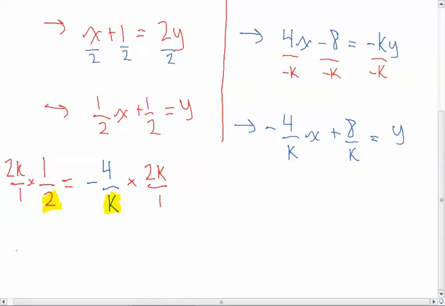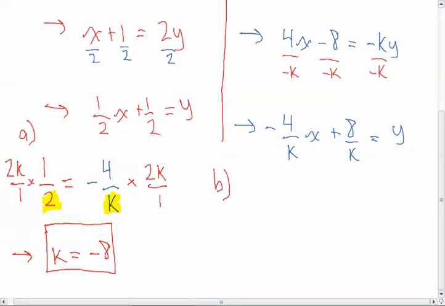And then we just simplify. The left-hand side simplifies to k is equal to, and the right-hand side simplifies to negative 8. So when the value of k is negative 8, both of my linear functions will have exactly the same slope. So that's for A.